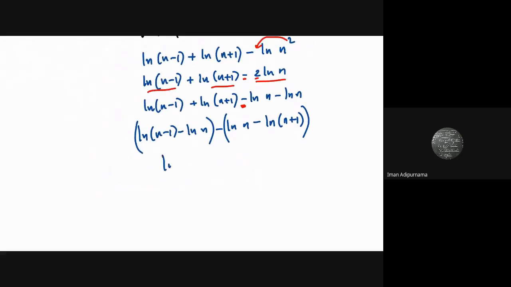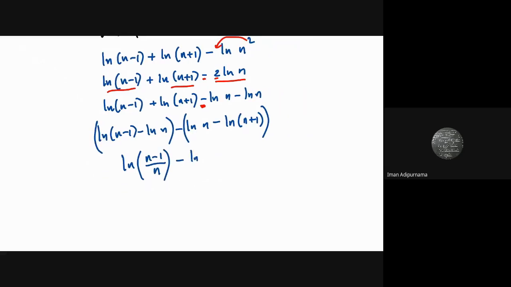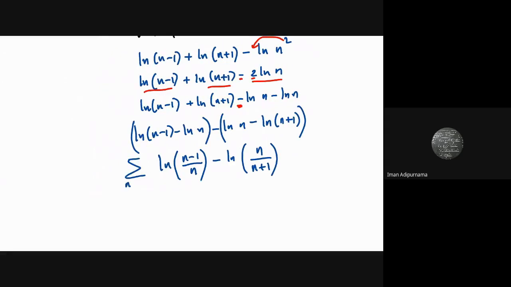And now this is becoming ln n minus 1 over n minus ln n over n plus 1. And giving the sum at the front, now we can set up some n and try to make it into our equations.